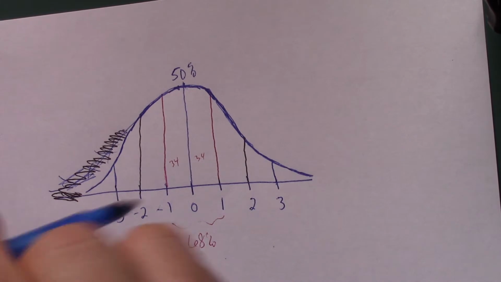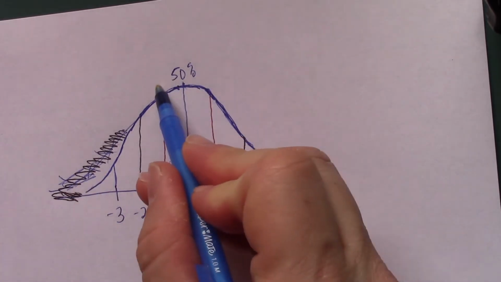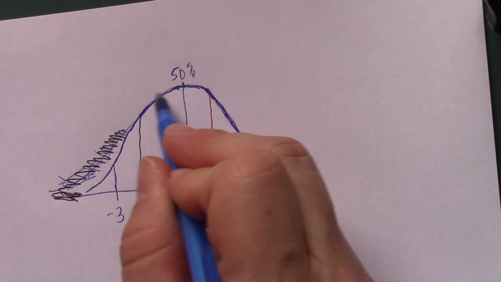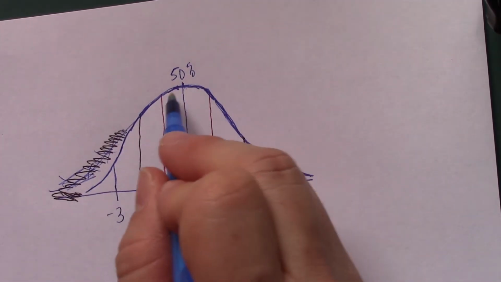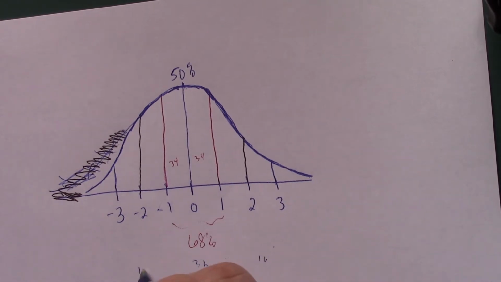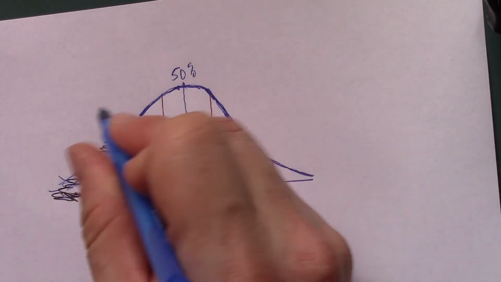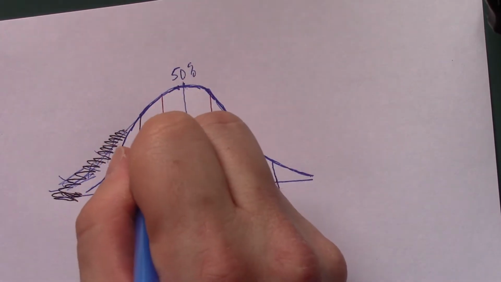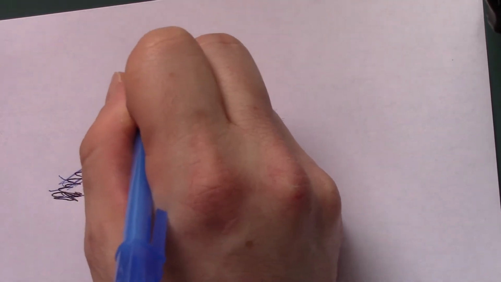If I go backwards here, there's 16% left over, because 68 leaves 32, split in half. I get 16% over here and 16% over here. So this way is another 16%. I'm actually going to write that 16%.